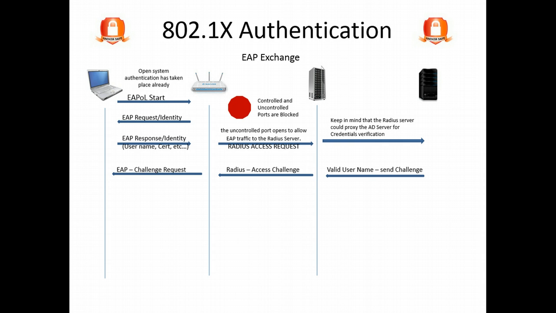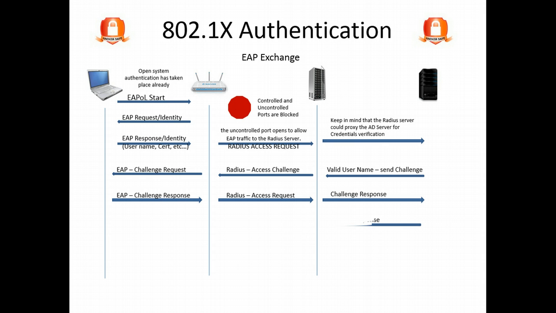So our authenticator forwards that EAP challenge request asking, is there a password that goes along with this identity? Our client device will send that response back to the access point, and the access point will forward it through its uncontrolled port, RADIUS access request. The database will be queried again with that response.